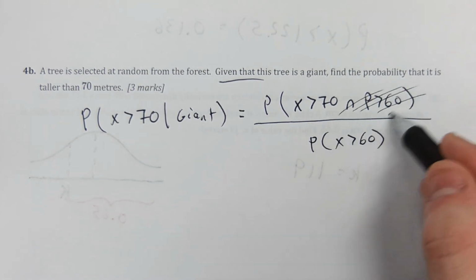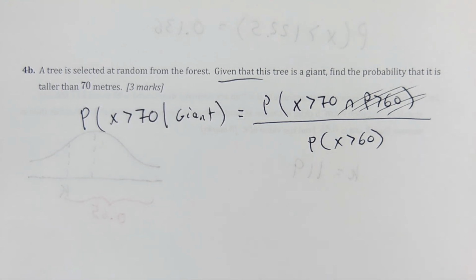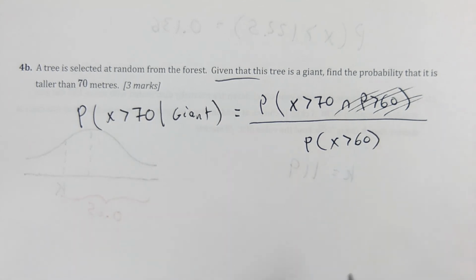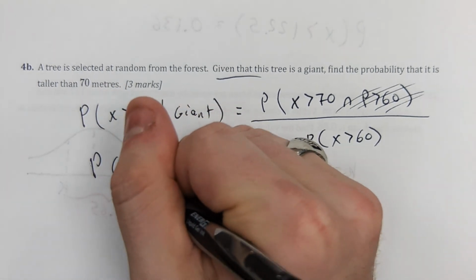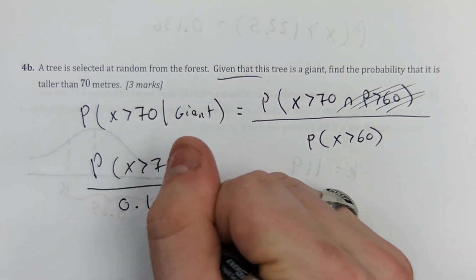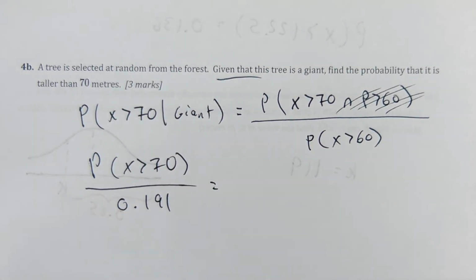So we just don't worry about that. Because that would be like, what's the probability that I'm a teacher, given that it's me. It's because they're just trying to trick you. What they wanted you to do was figure out this and then divide by this. So here's what you need to do. Figure out this number and divide it by 0.191. That's all you need to do.